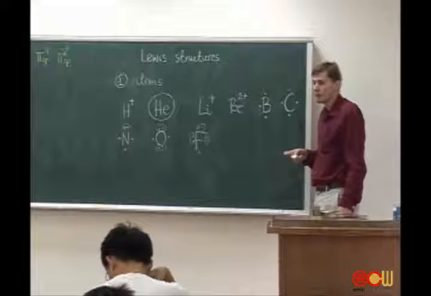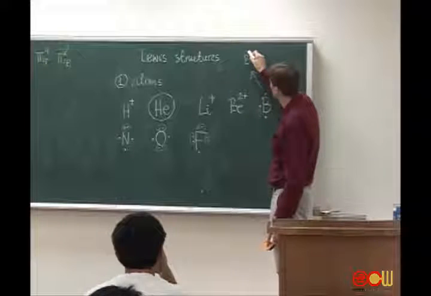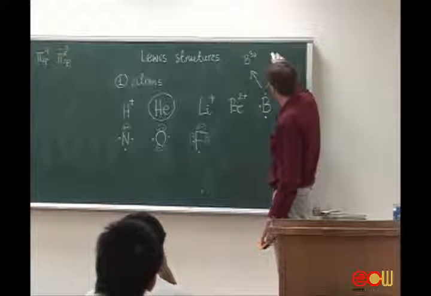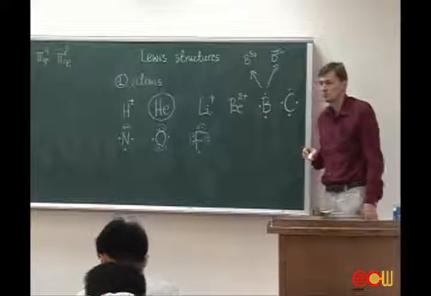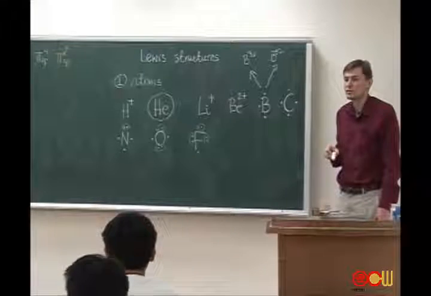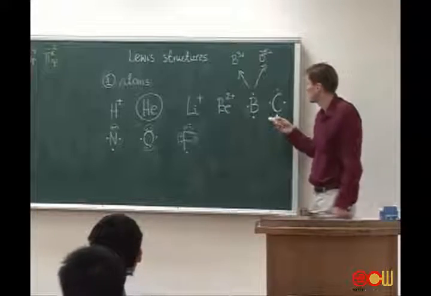With boron we already have a problem because there are 2 possibilities. One is to remove 3 electrons. Another one is to add 5 electrons. Turns out that both of them cost very much and neither ever happens. Similar things for carbon.